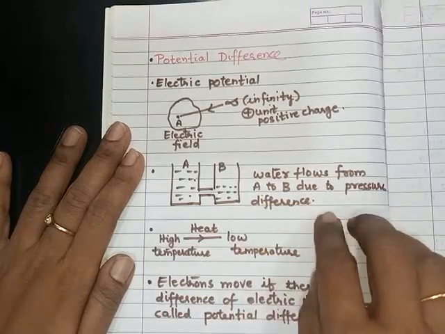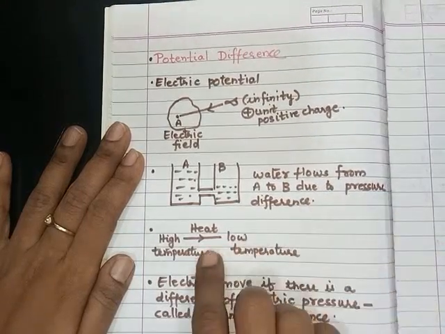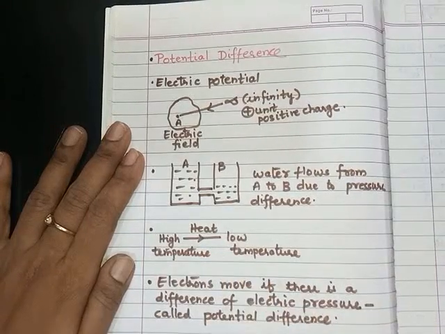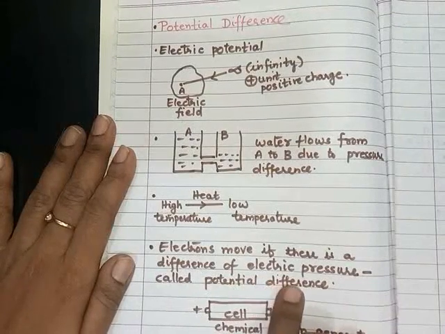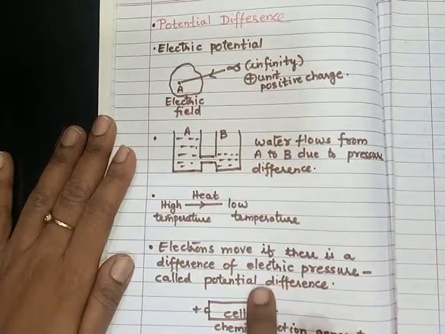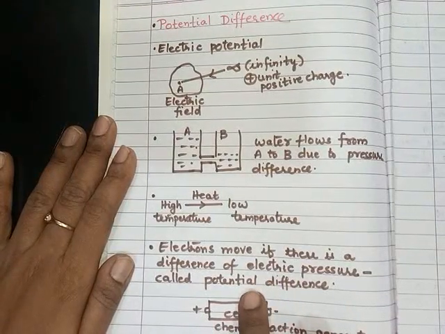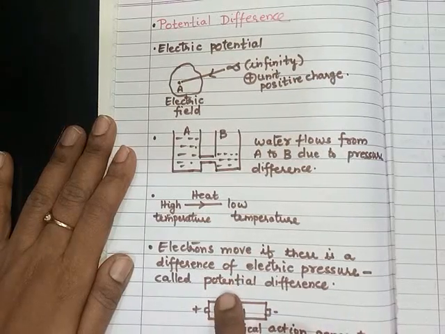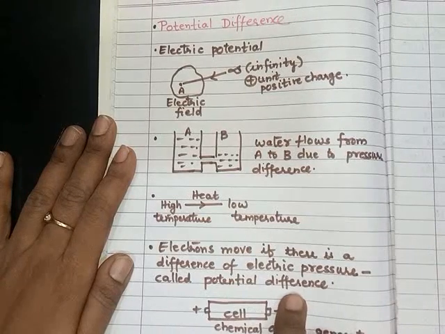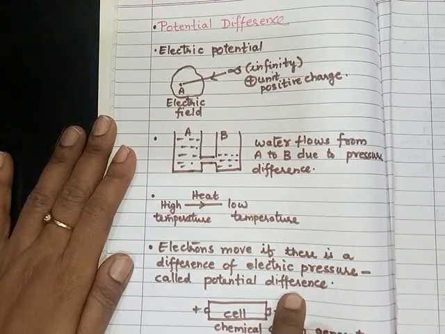So as water flows due to pressure difference and heat flows due to temperature difference, we can say that electrons move if there is a difference of electric pressure, and this electric pressure is called potential difference. So for the movement of the charges, it is necessary that a potential difference is provided across the conductor so that the charges can move.